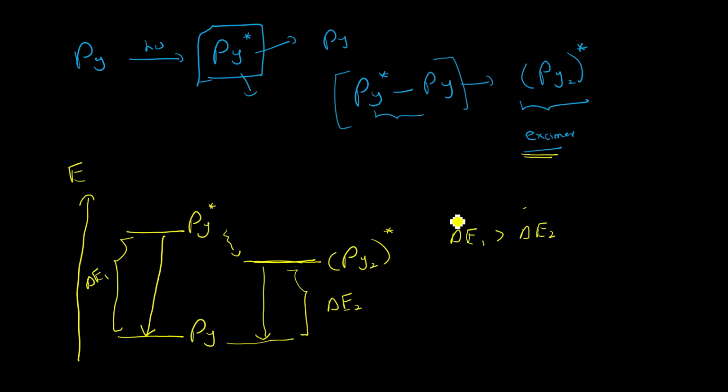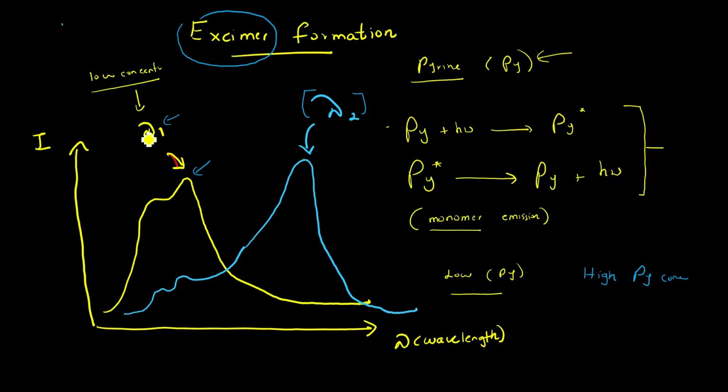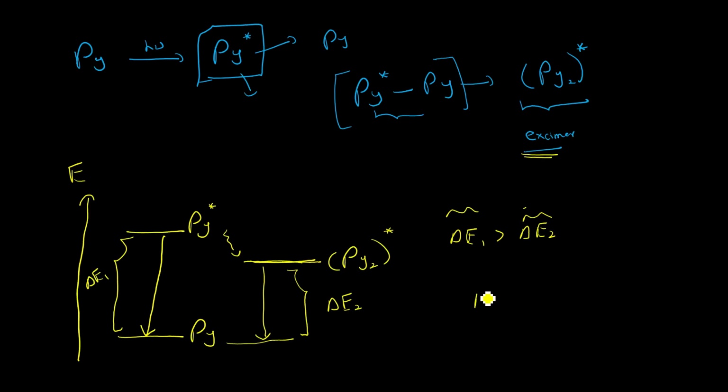Now these two energy values are the ones denoted in these two specific scenarios. As you can see, if you remember from the basic energy equation, E equals hc over lambda, the higher the energy, the lower the lambda value.